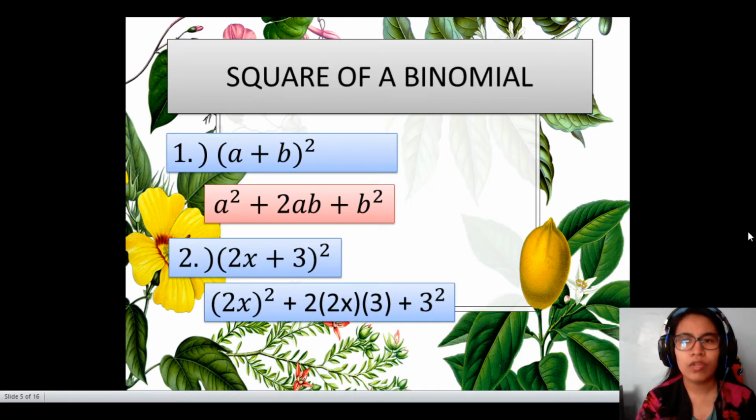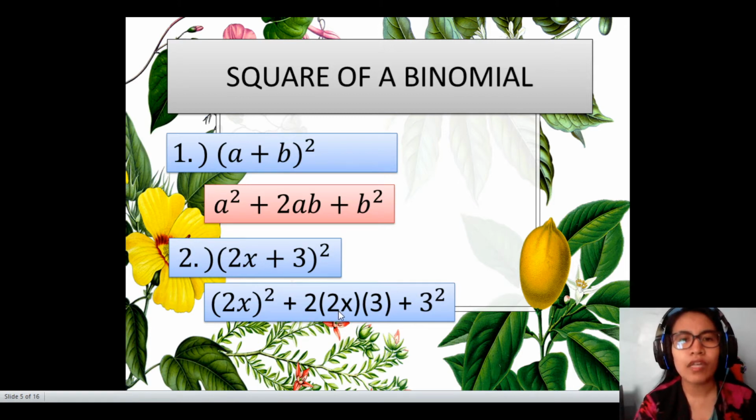So you have 2x squared plus 2, then times the 2x times the 3 plus the 3 squared. The last term should be squared. Then 2x is squared. Remember to put that in a parenthesis, so you're not going to be confused if you just write 2x squared without the parenthesis. So 2x in a parenthesis then squared will give you 4x squared. That's the difference when you put the parenthesis.